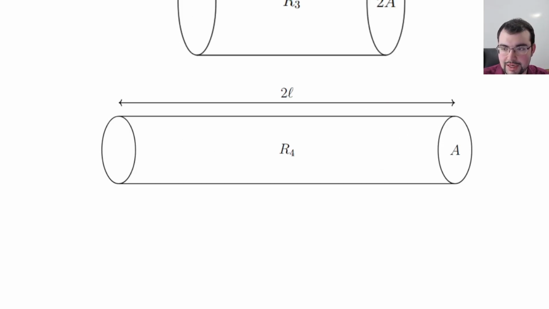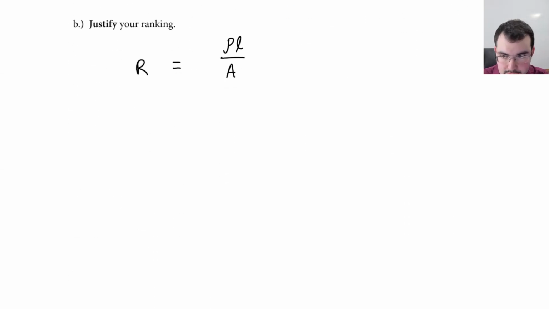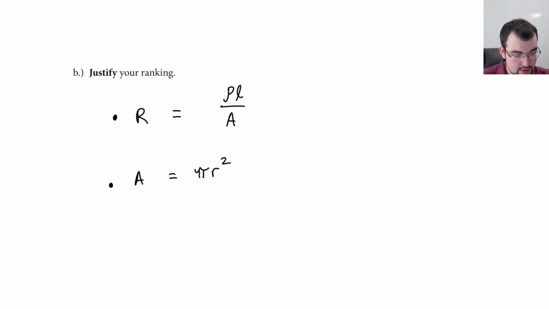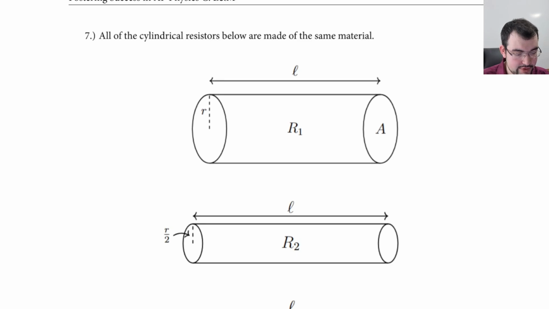Sometimes I'm actually given the radius. So I also should take note of the fact that area is equal to pi little r squared. So now let's just rank these. My favorite thing to do here is just to create sort of multipliers once again for each of these.